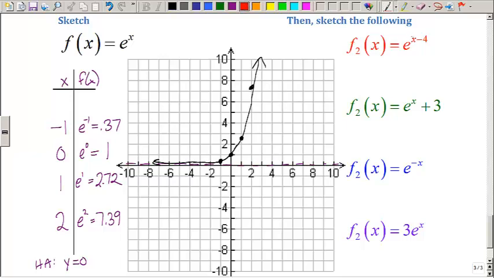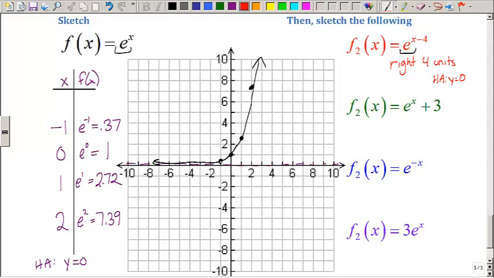My red function is f of x equals e to the x minus 4. Notice we have the same parent function, e to the x. So because I have the same parent function, I'm going to use the same black function, and then I'm only going to minus 4 to the x means right 4 units. Because I did not shift up or down, my horizontal asymptote will stay the same.